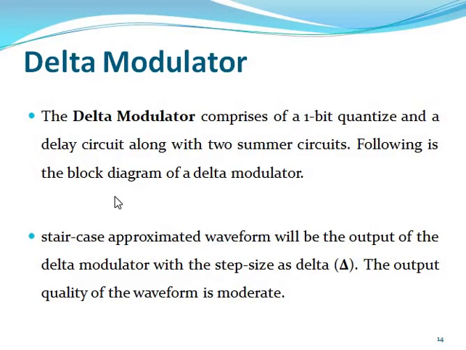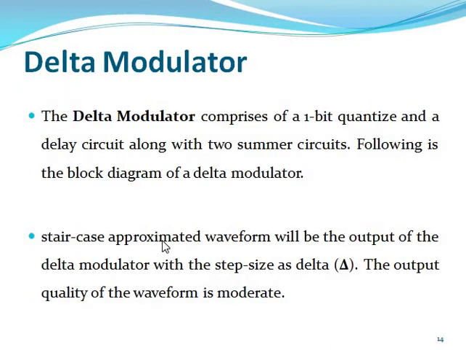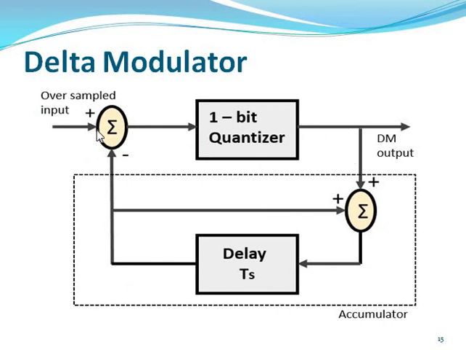This is one piece of extra information you can write: a staircase approximated waveform will be the output of the delta modulator with the step size delta. This is the staircase of the output. This is your input and this is the output. So the output also depends on the delay. If the delay is present, then this is added to the input for the next delta modulation.